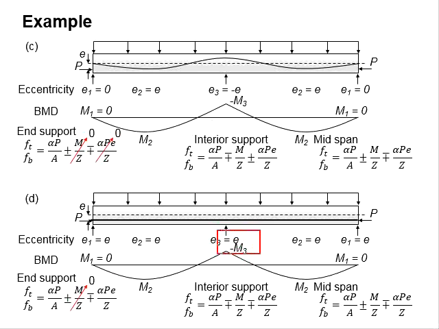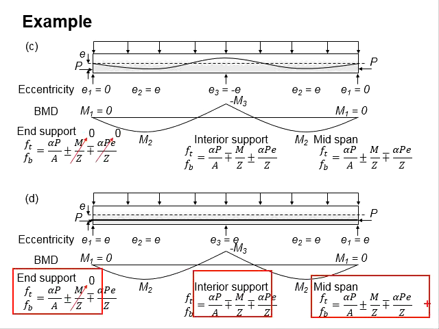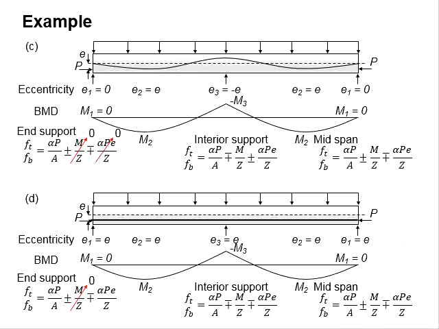There is a negative moment here that gives you an opposite positive and negative symbol. With that, the equations to determine the stress for the end support, interior support, and midspan are given here.